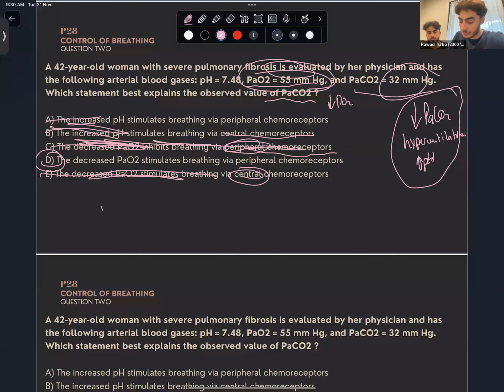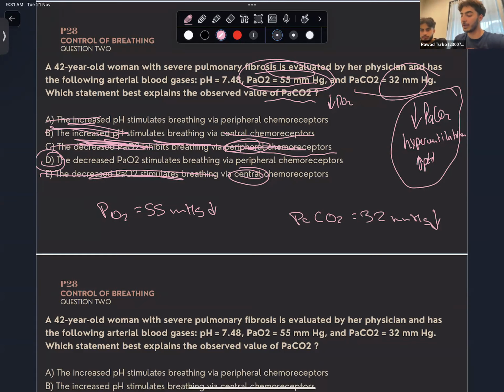So they gave you PO2, which is 55 millimeters mercury. It's low. And they gave you PaCO2, which is 32 millimeters mercury, which is also low. They asked, which statement best explains the observed value of PaCO2?